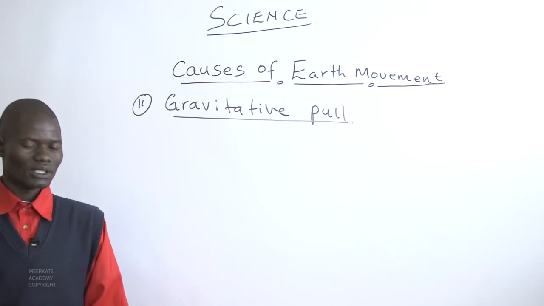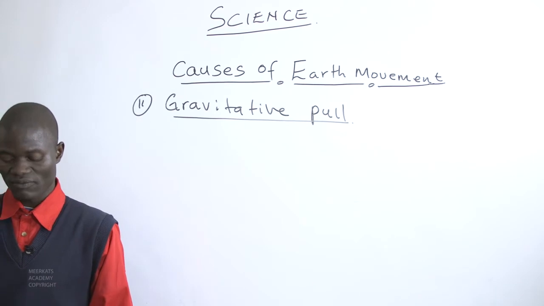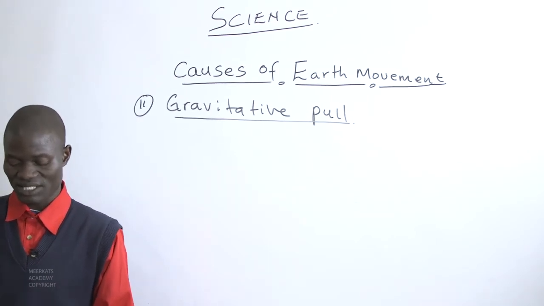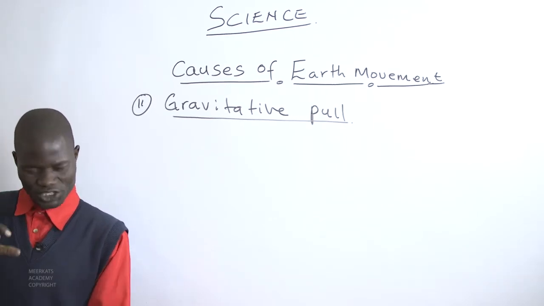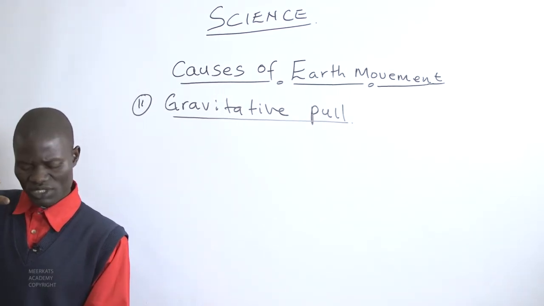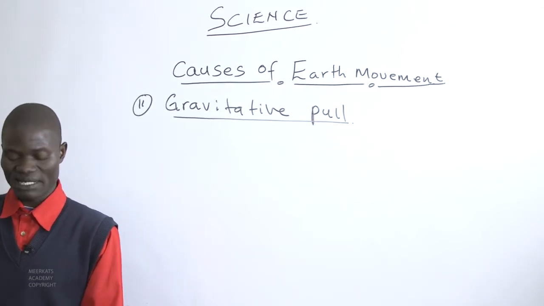Now, during volcanic eruption, we'll look at volcanicity or volcanoes in a later lesson. When eruptions occur, they leave some hollow voids, especially in the upper mantle.